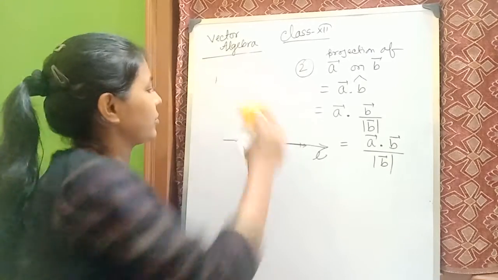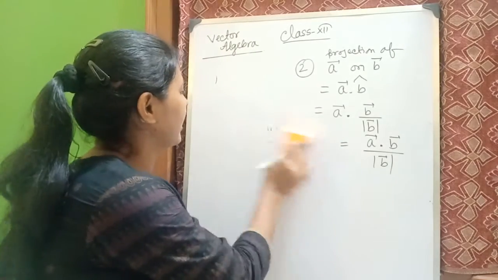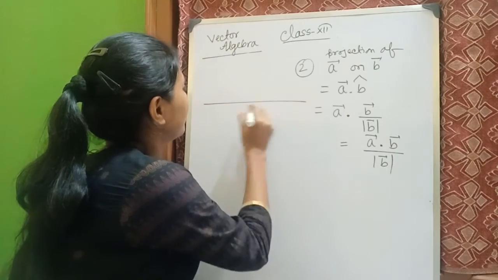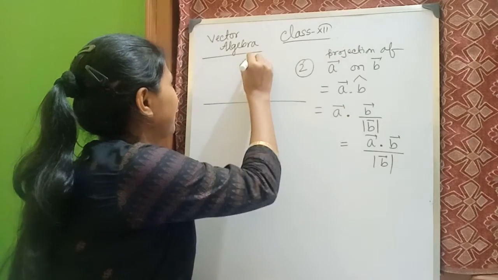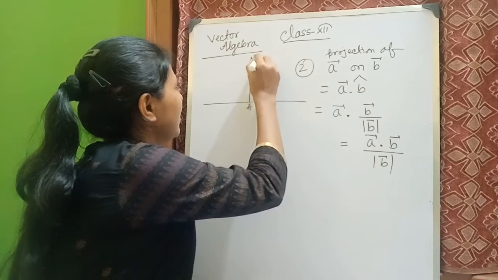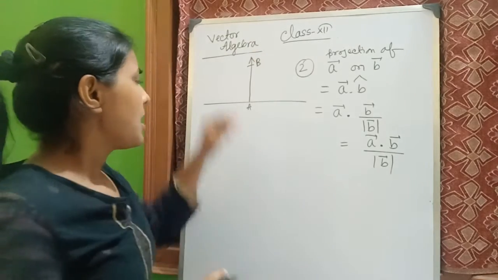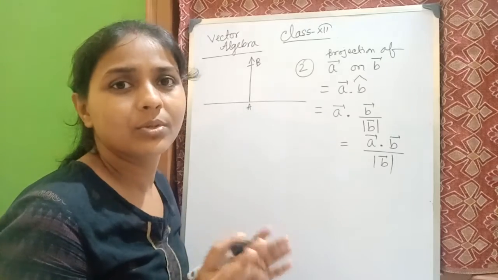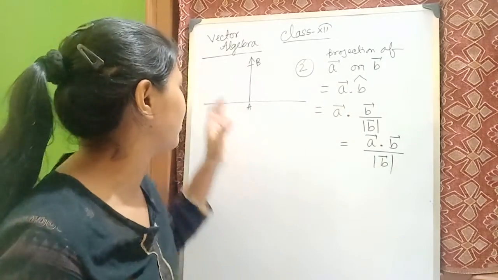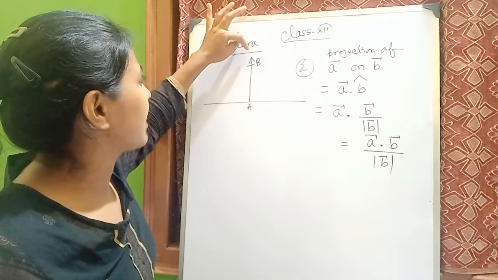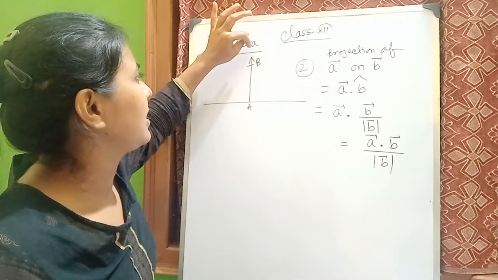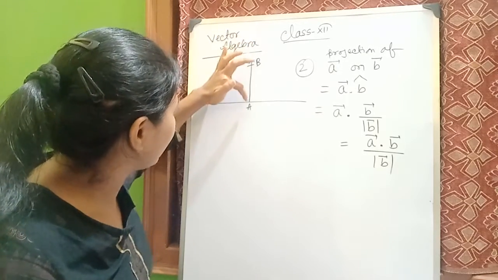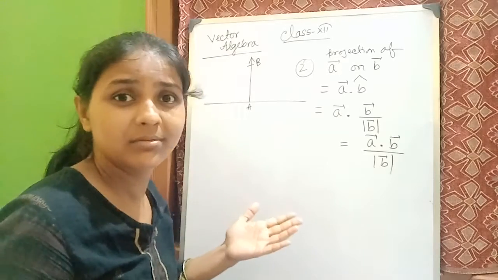Now number 4. For number 4 I have to draw something again. Suppose this is perpendicular, A, B. You think of a projection as actually a shadow, nothing else. So think that the sun is exactly above AB, then its shadow will be nothing.